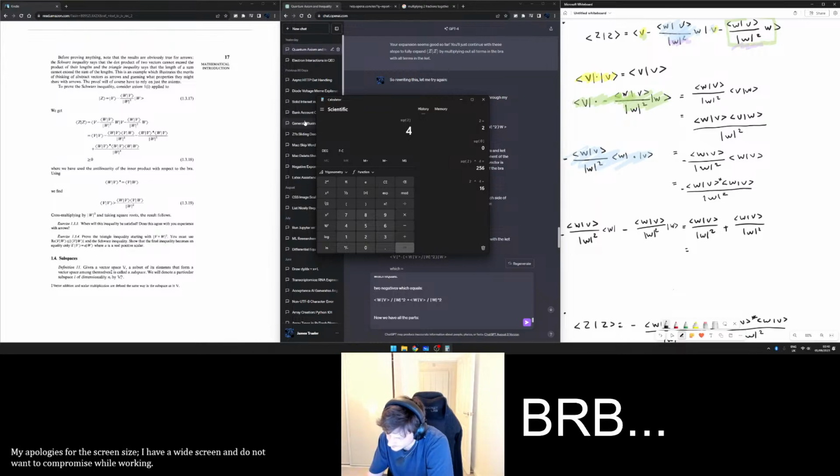Yeah, which will actually equal W V, W V, W W over W squared.